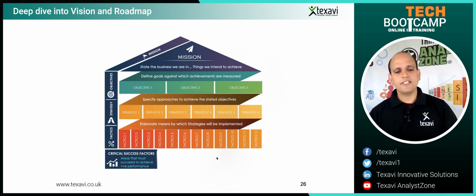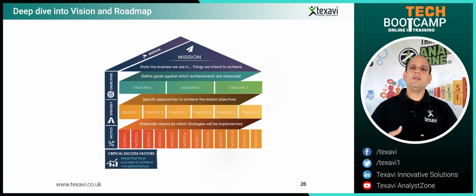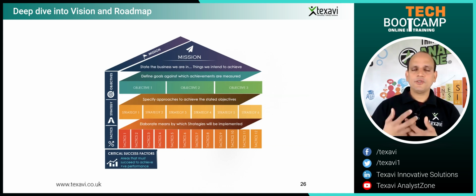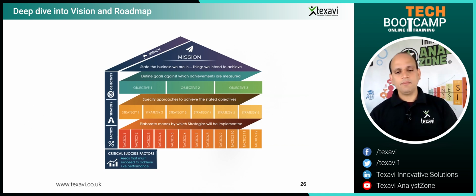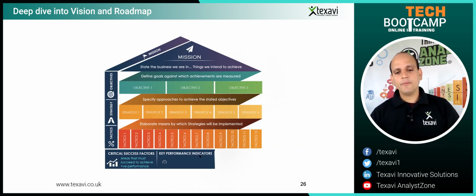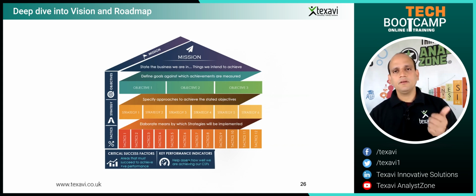What are critical success factors? These are the areas that must succeed to achieve positive performance. So we talk about what we are measuring: revenue, operational effectiveness, downtime. All of these are the areas that we're measuring. And key performance indicators: the amount of downtime is basically the key performance indicator.